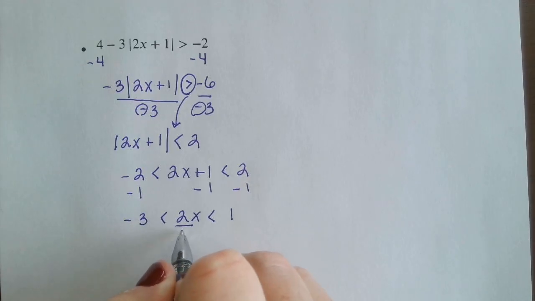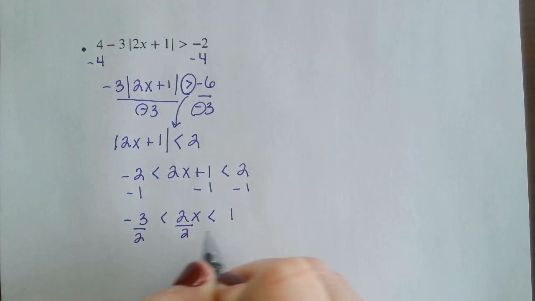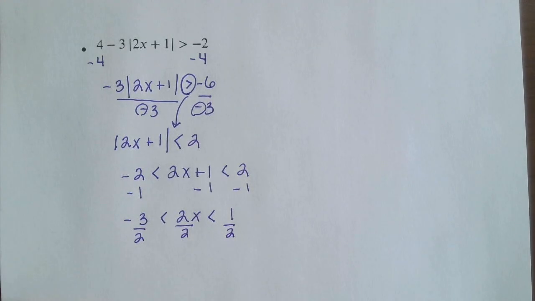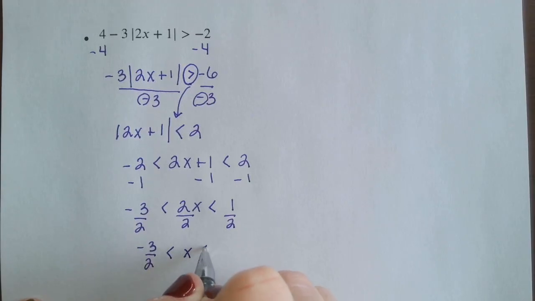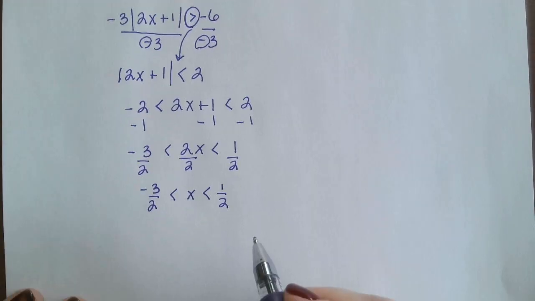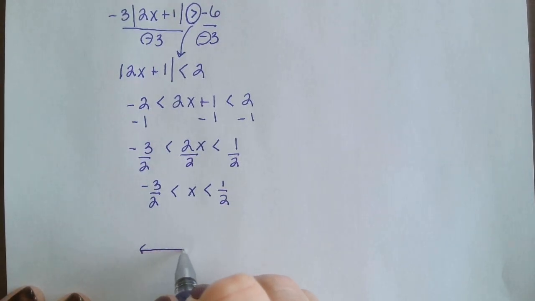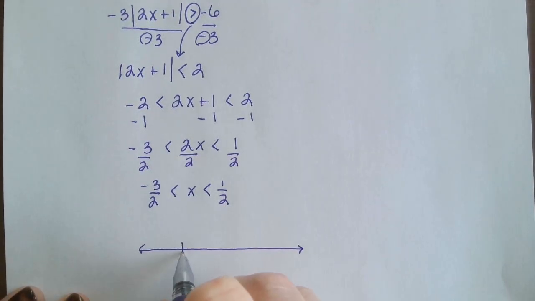And then we divide everything. We're dividing by a positive, so that doesn't change the direction. So I have -3 halves less than x less than half. So when I think about our number line here, -3 halves is in fact smaller than 1/2.